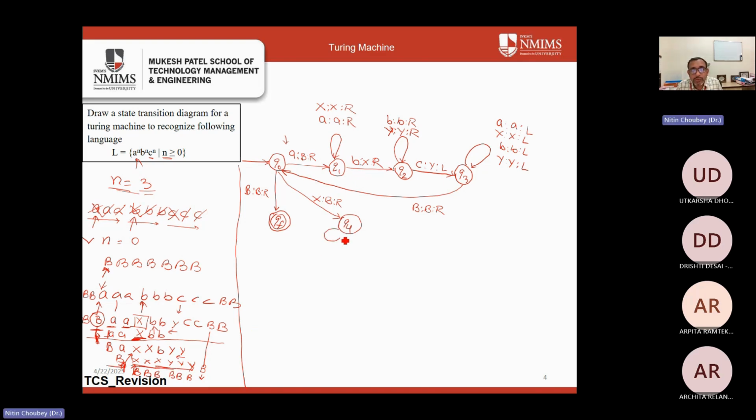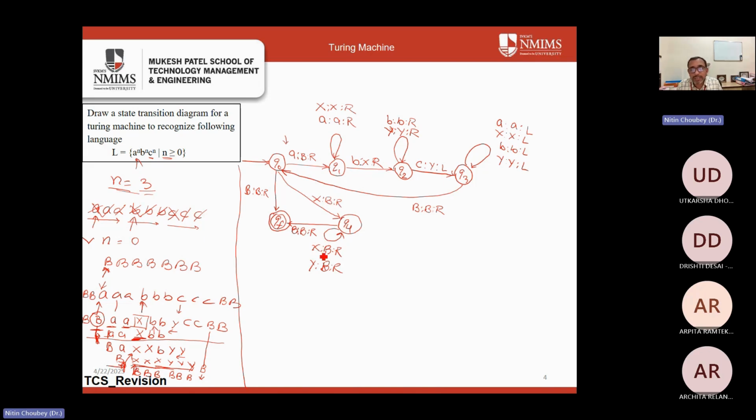So the best way to ensure that is to replace any X available with blank, right, replace any Y available with blank, right, and on the receipt of blank on the right hand side, move to the final state, blank, blank, R. What does it mean?